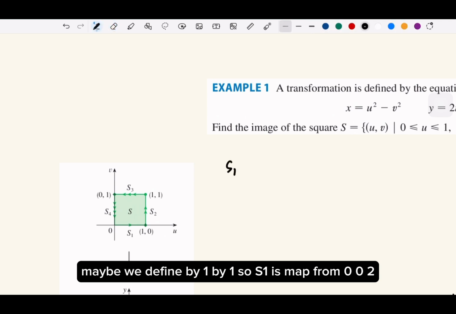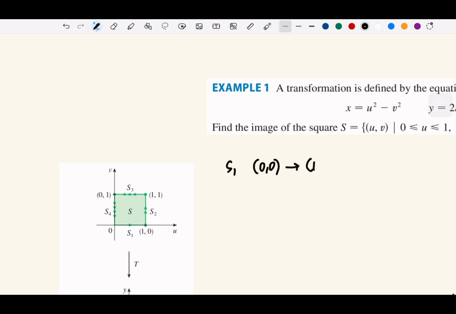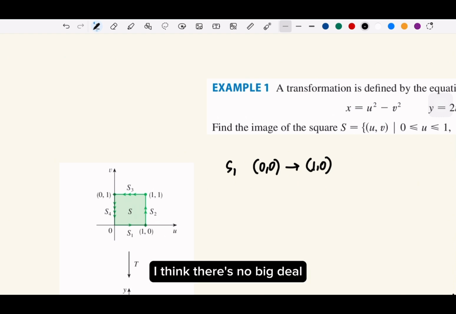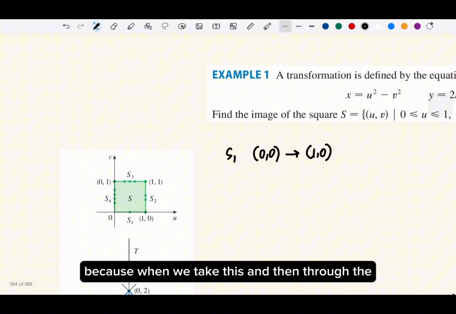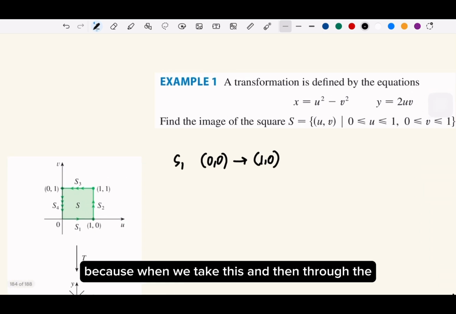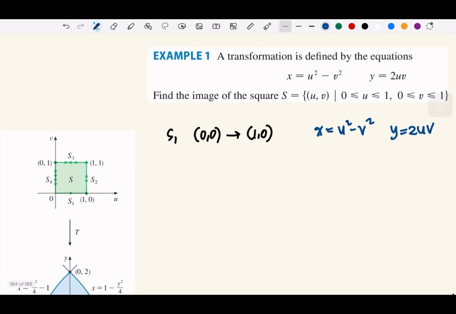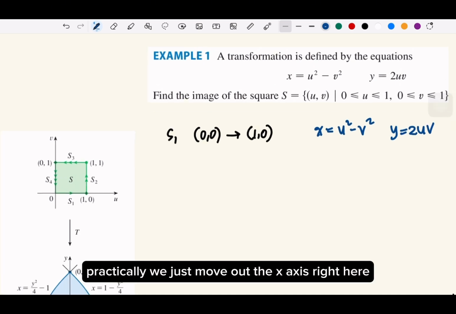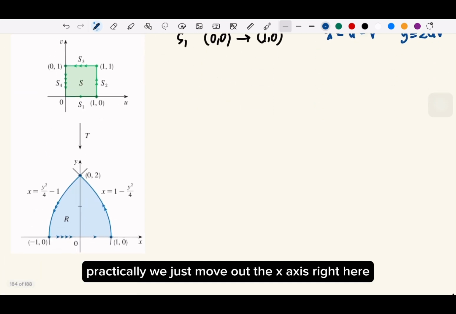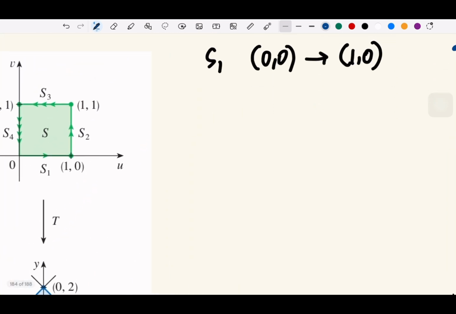So S1 is mapped from (0, 0) to (1, 0), right? I think there is no big deal, because through the relations of U and V, practically we just move along the x-axis.